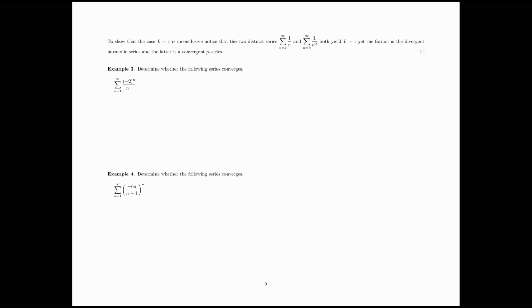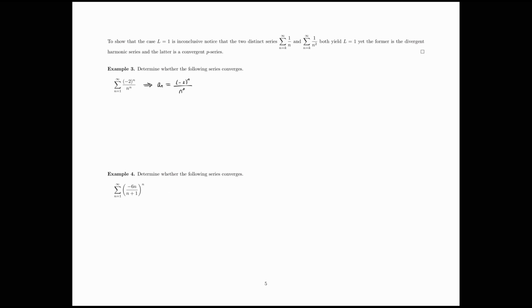Okay, so again, like the ratio test, we don't have to go over the proof of that. We really just want to go ahead and use this. So in this case, our a sub n term, example 3, is (-2)^n over n^n. So this is an alternating series.